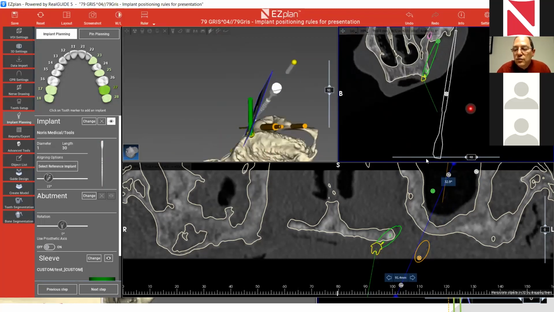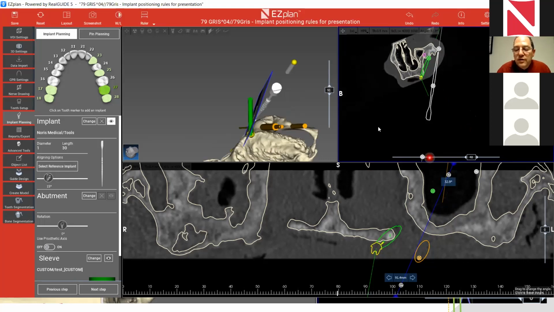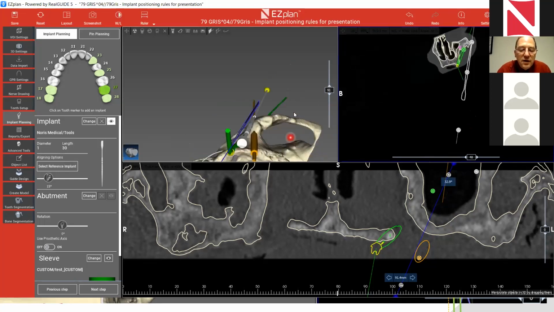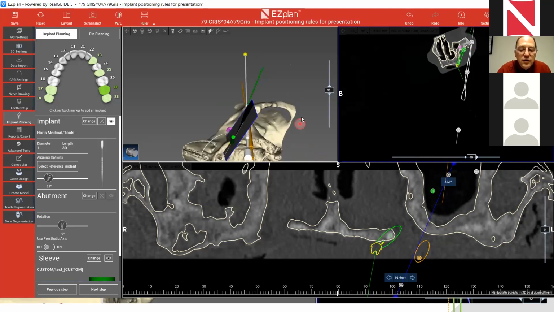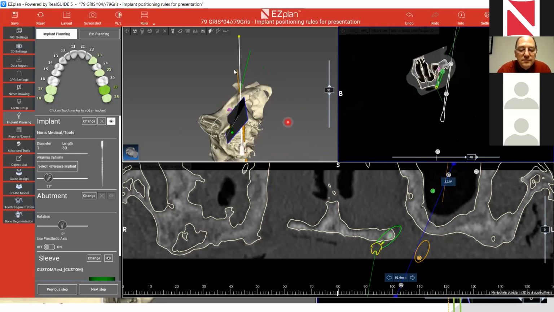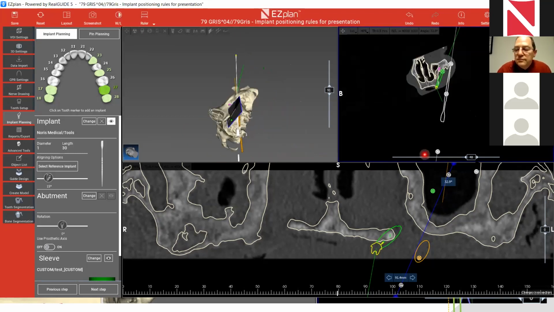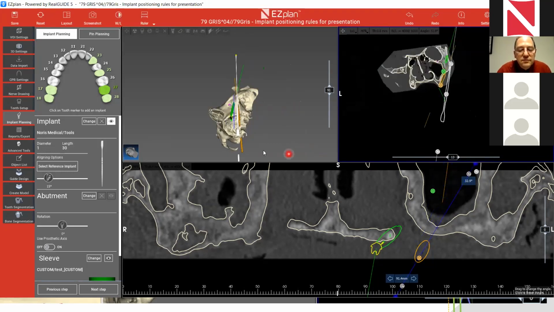I will take the tool and go down this way. What happened? This is the reason it didn't work, because it moved.